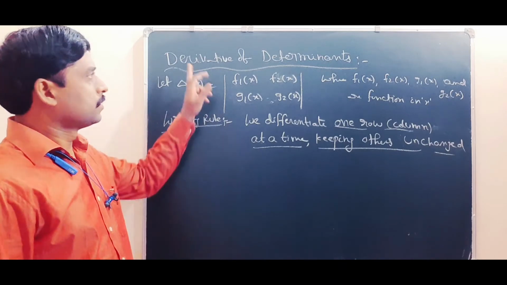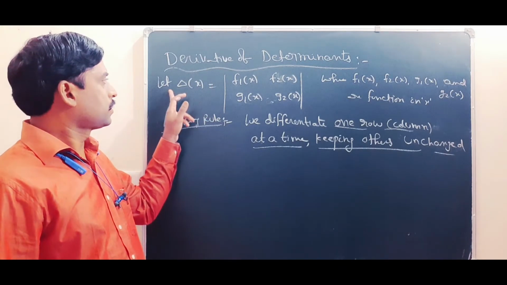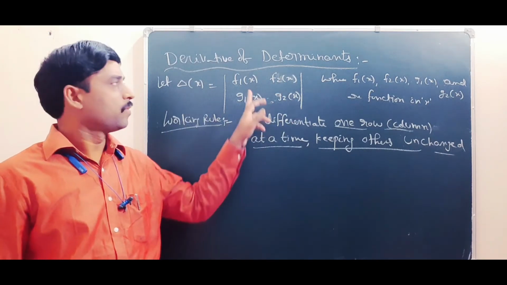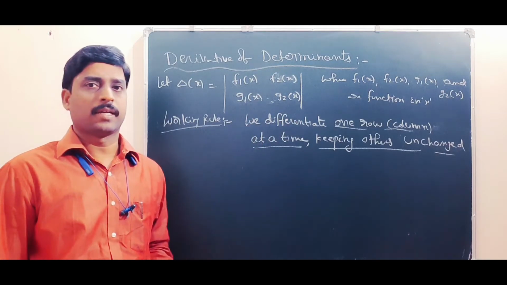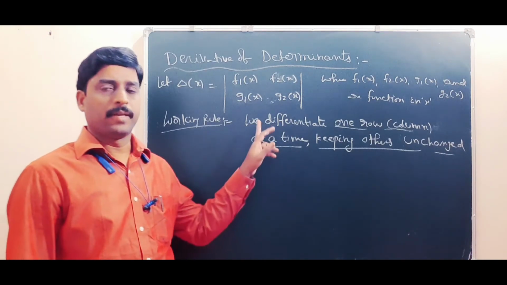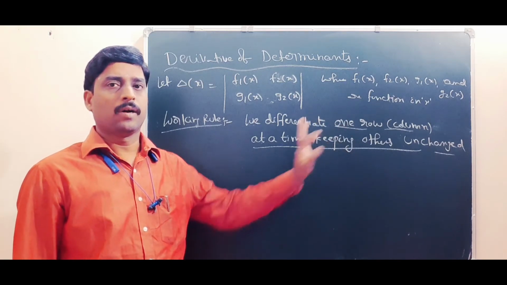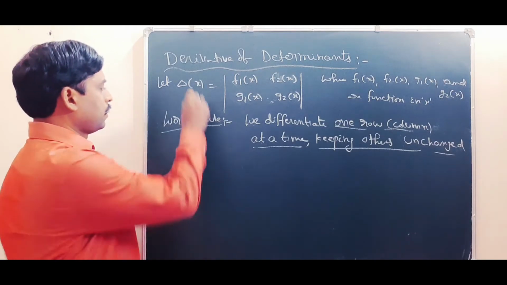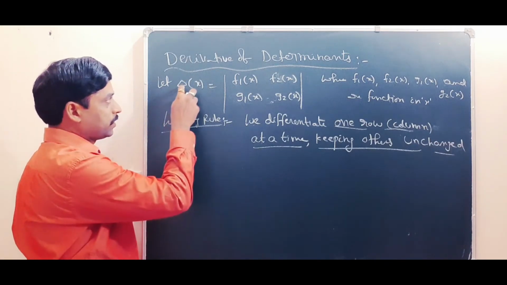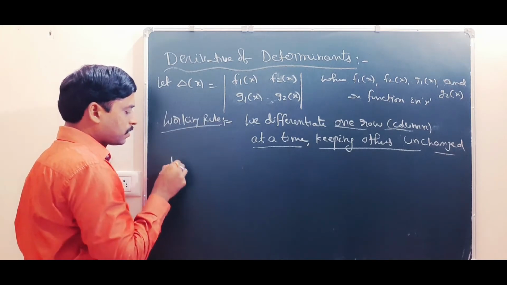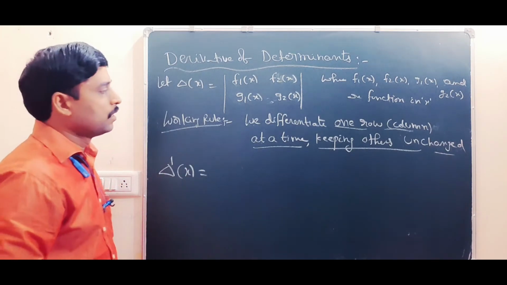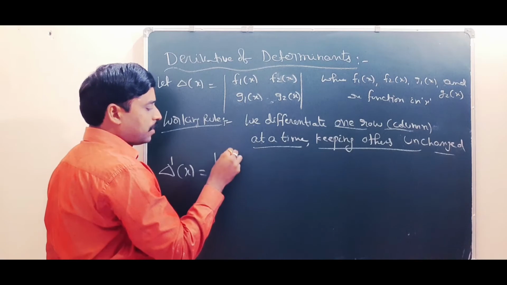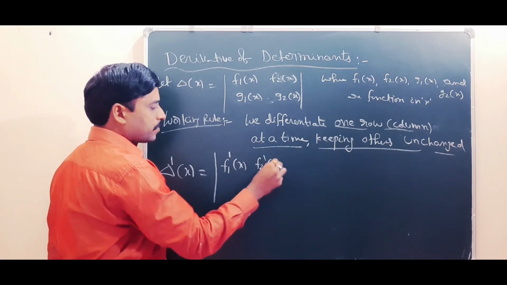Okay, now explain the derivative of determinants. So let us take delta of x equal to f1x, f2x, z1x, z2x, where f1, f2, z1, z2 are functions in x. So what is the working rule? We differentiate one row or column at a time, keeping the others unchanged. Now the differentiation of delta of x is delta dash of x equal to: differentiation of first row is f1 dash x, f2 dash x.